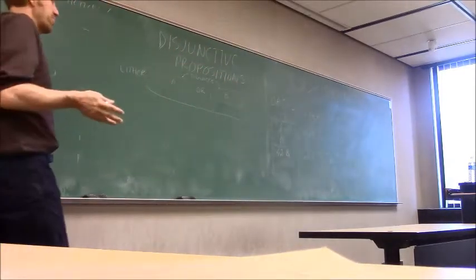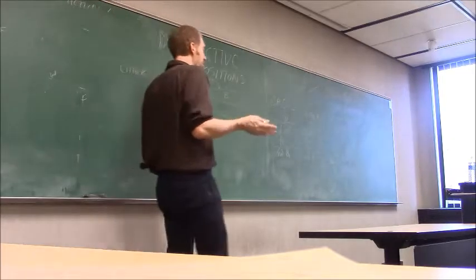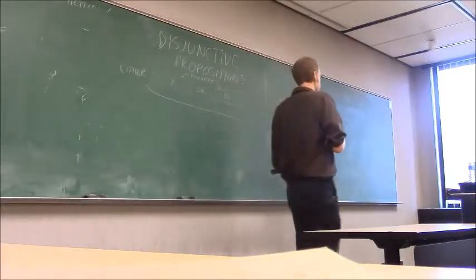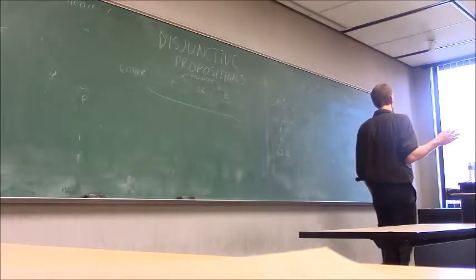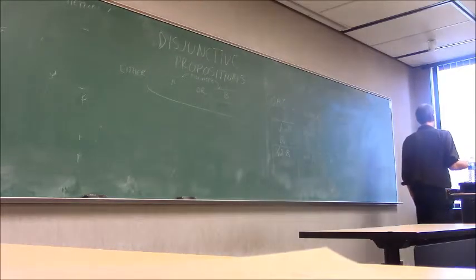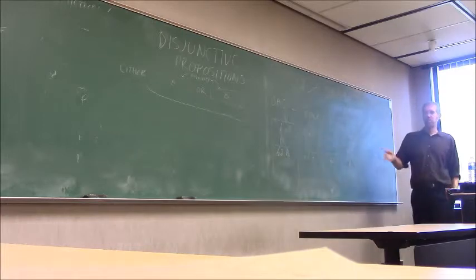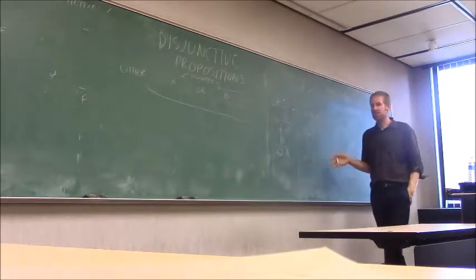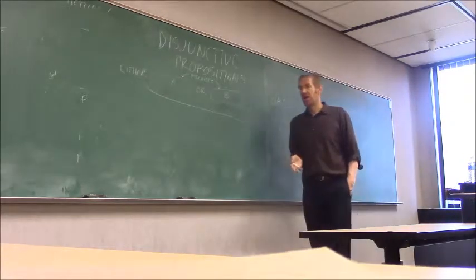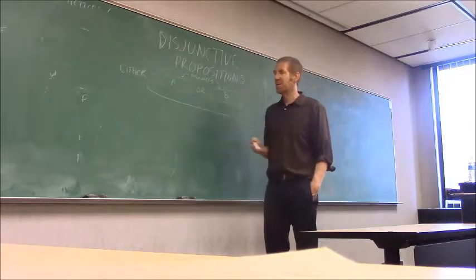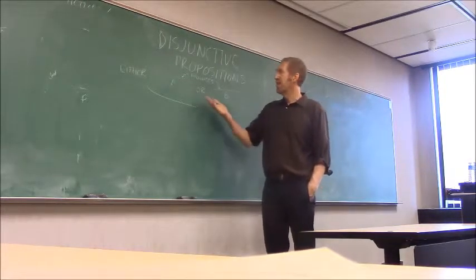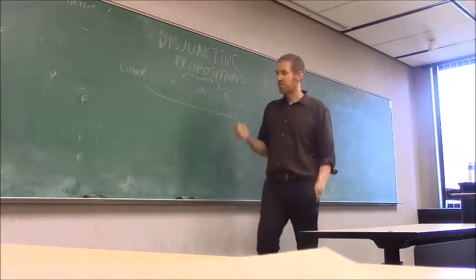In categorical propositions, for example, we had the problem, a whale is a mammal, turned out to be an A-type. Yeah, you translated it to all whales are mammals. A whale was beached in San Francisco, turned out to be an I-type. So you had non-standard types, and you had to work out how to translate them. That doesn't really happen with disjunctive propositions.